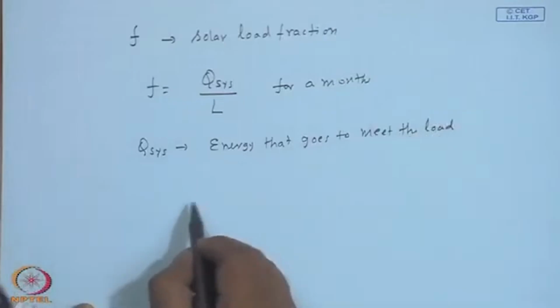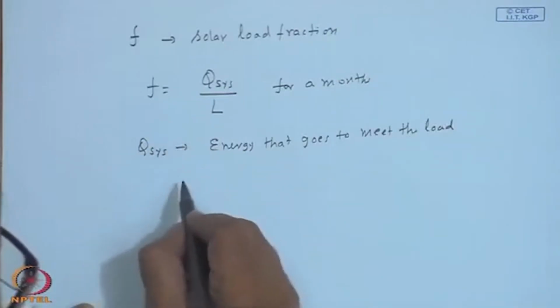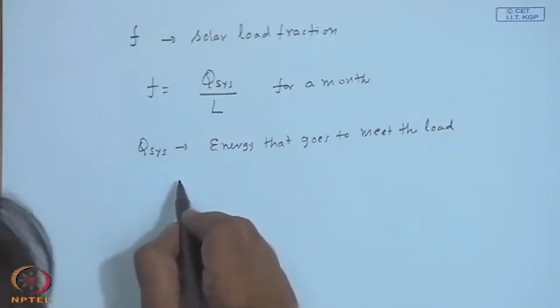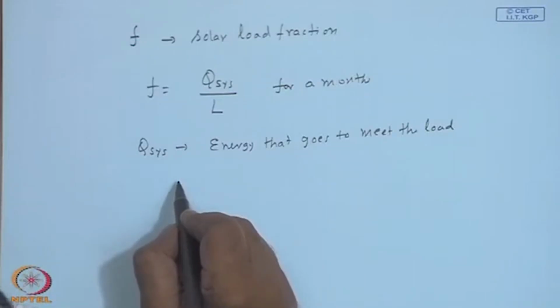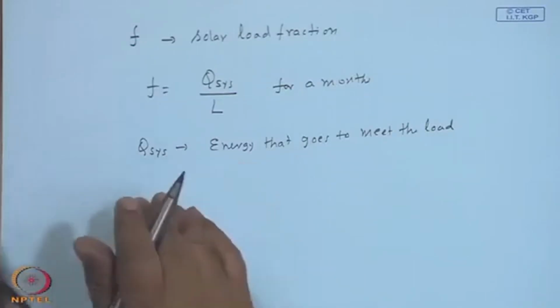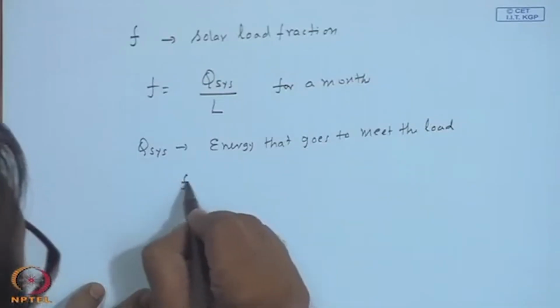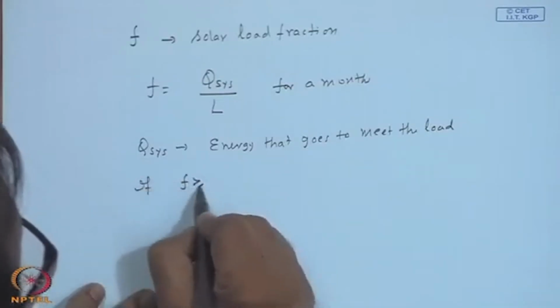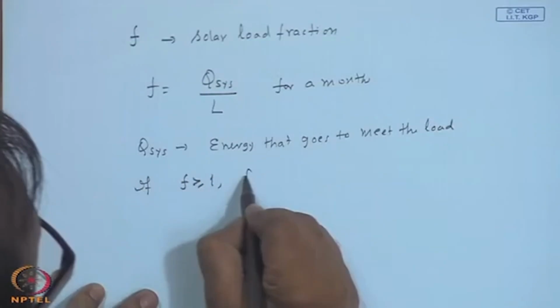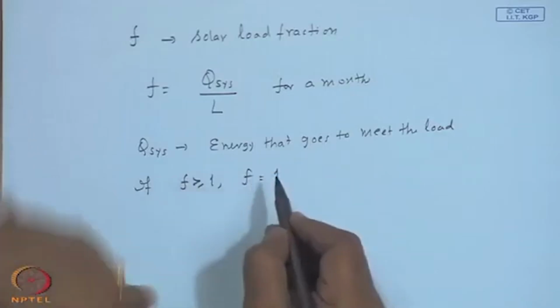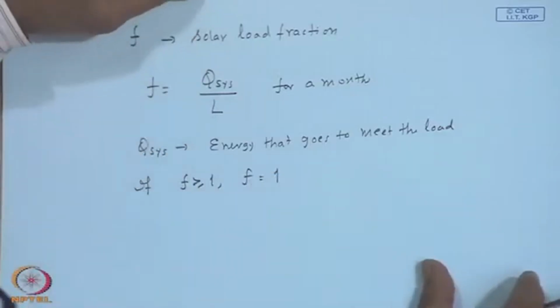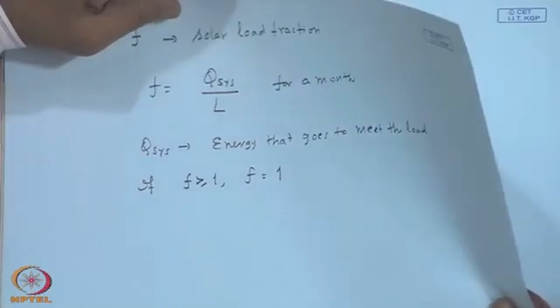I can even put a condition. Of course, earlier if you write Q system is equal to L minus Q col superscript plus, it takes care of this. Or else, if F is greater than or equal to 1, set F equal to 1. That means the solar load fraction cannot be more than 1, even if the collector is capable of supplying higher than the load required.